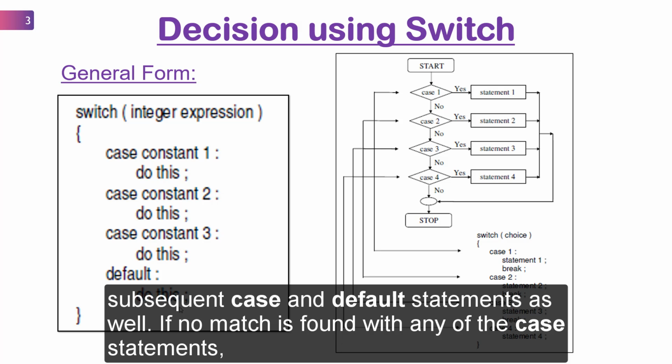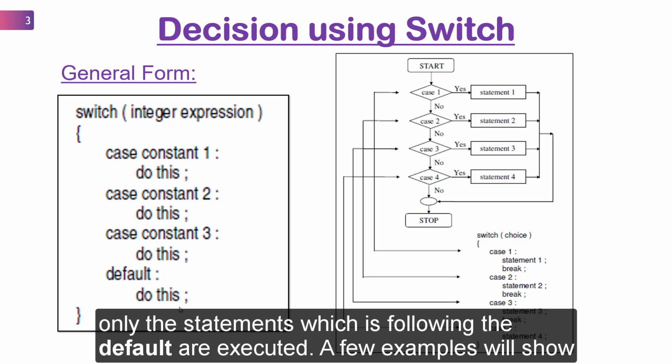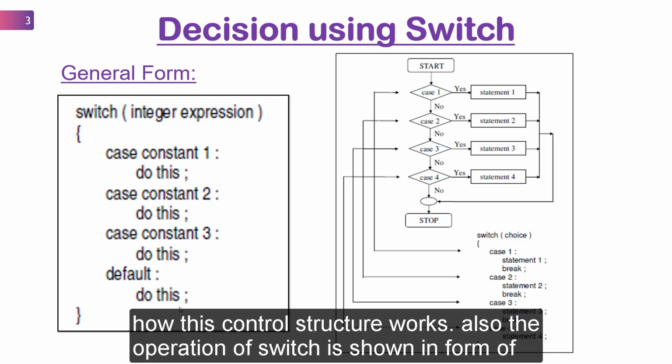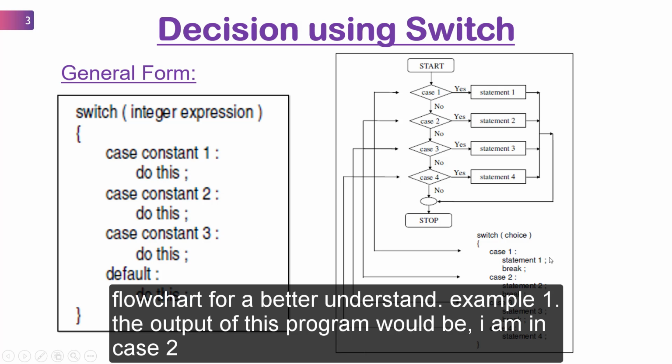If no match is found with any of the case statements, only the statements following the default are executed. A few examples will show how this control statement works. Also, the operation of switch is shown in the form of a flowchart for a better understanding.